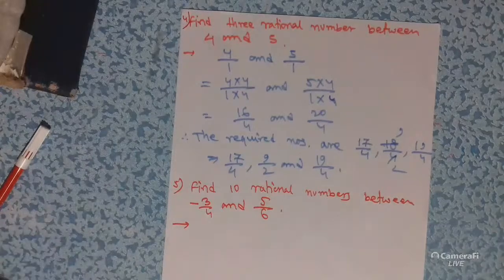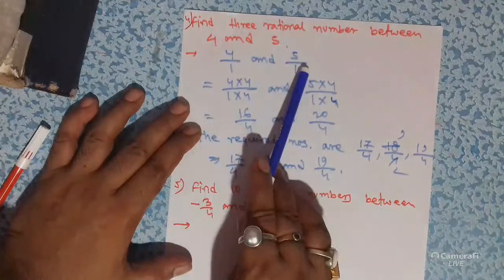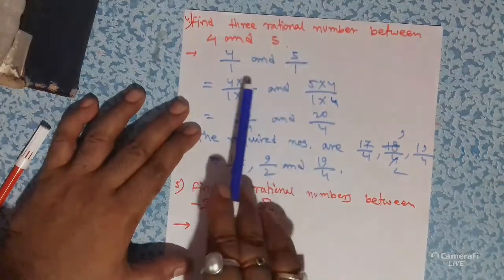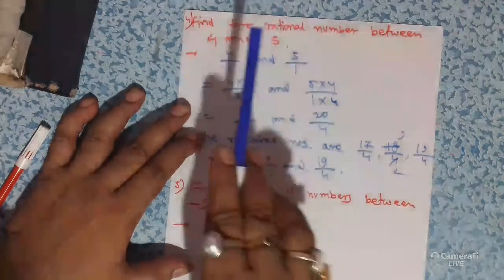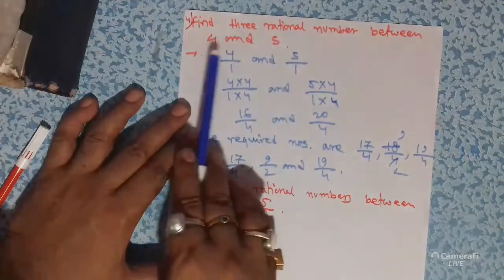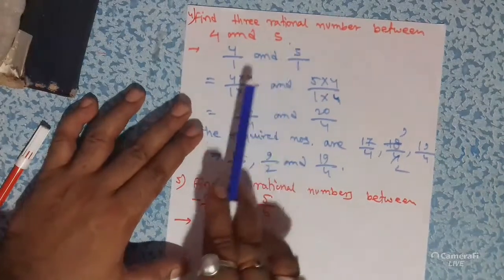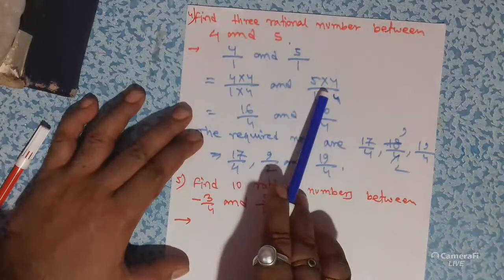Here you can see that the numbers were 4 and 5. So in between 4 and 5 there are no numbers, because 5 comes after 4. So that is why we have to multiply both the numbers by 4.